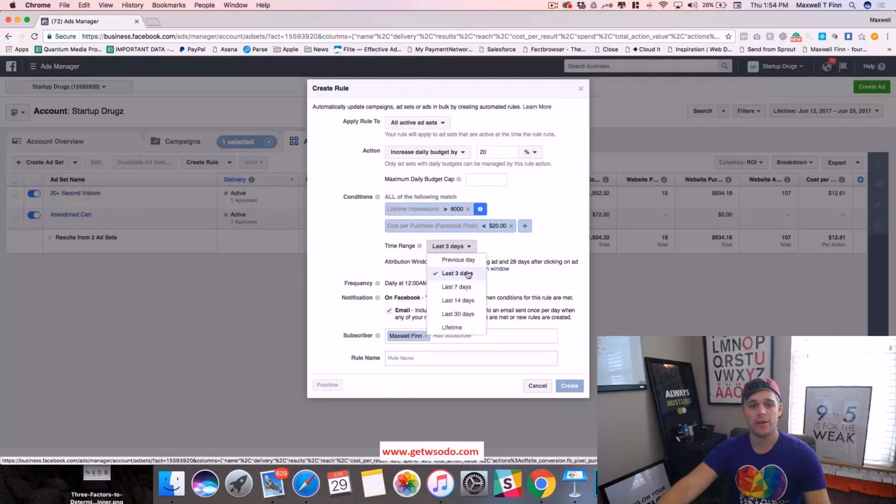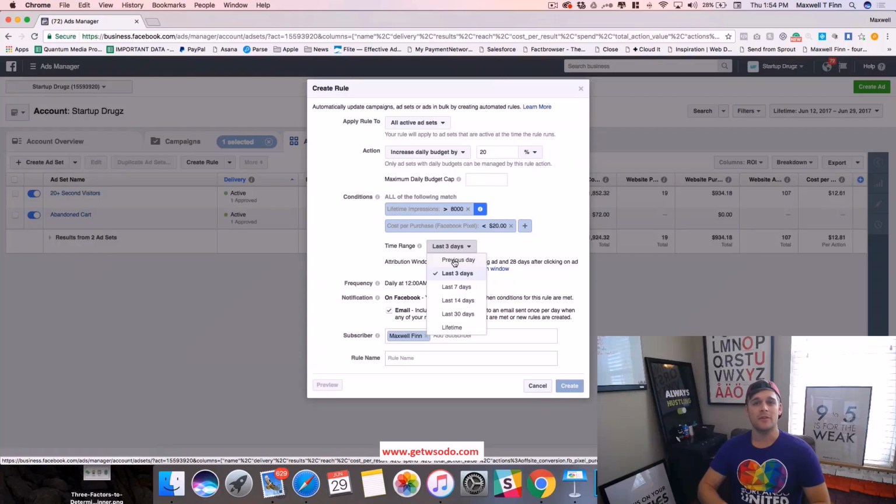This is the time range: if it's 3 days, Facebook at midnight is essentially going to look at the last 3-day CPA and take the average of that. And if the average is below 20, it's going to trigger this action and increase the daily budget by 20%. What's great about this is it's consistent, it's precise, it doesn't miss a beat, and it's incredibly effective because Facebook likes consistency.